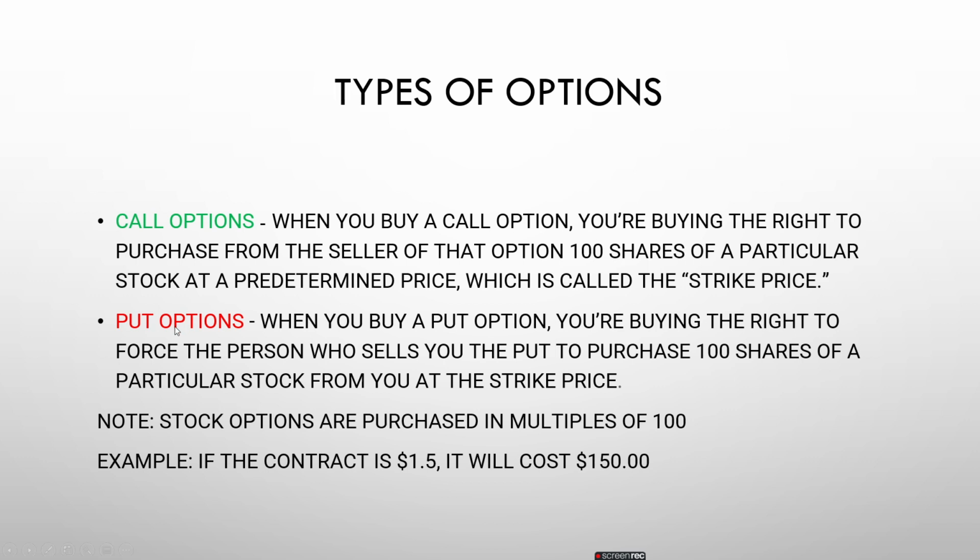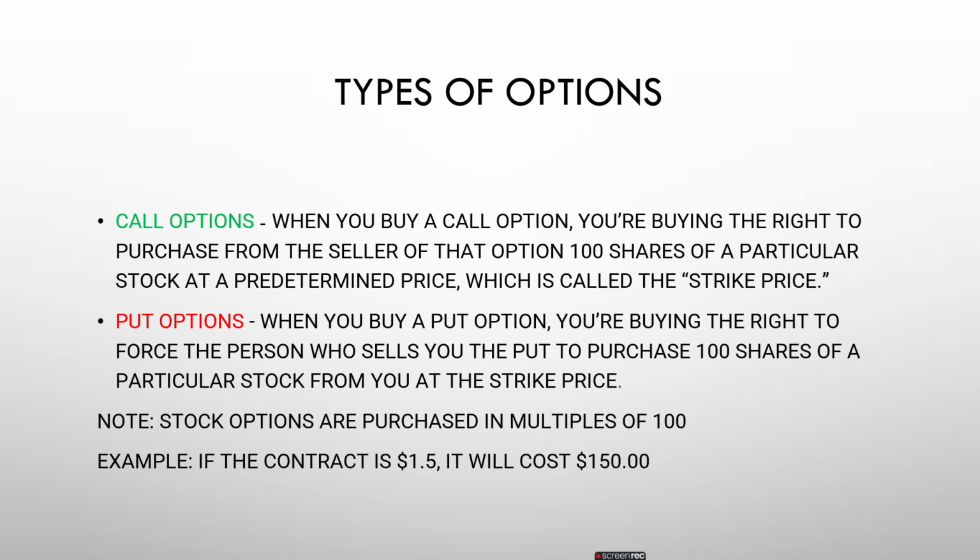So the complete inverse is a put option. When you buy a put option, you're buying the right to force the person who sells you the put to purchase 100 shares of a particular stock from you at the strike price. So we'll do an inverse. Say Apple is trading at $130 right now, and you think it's going to go down below $120.